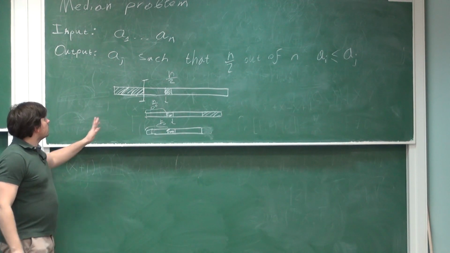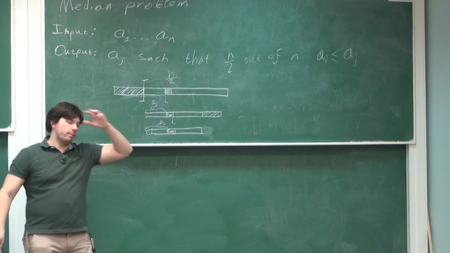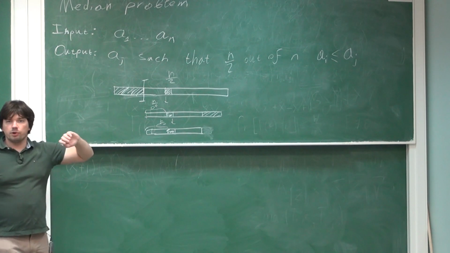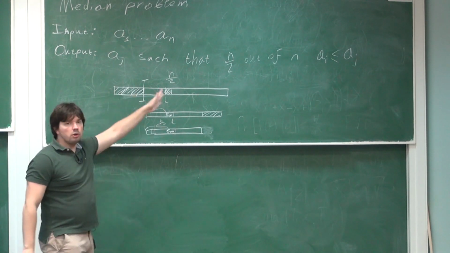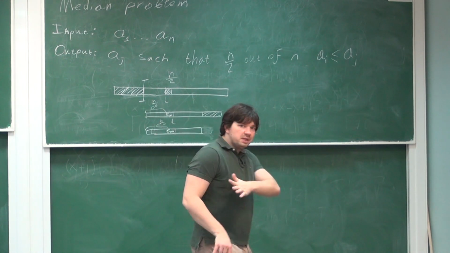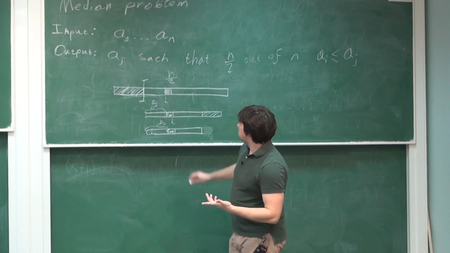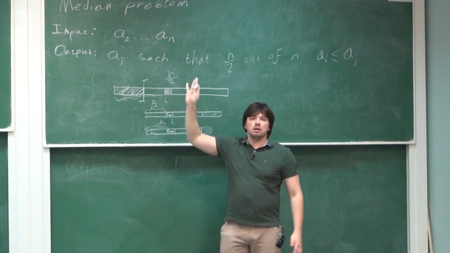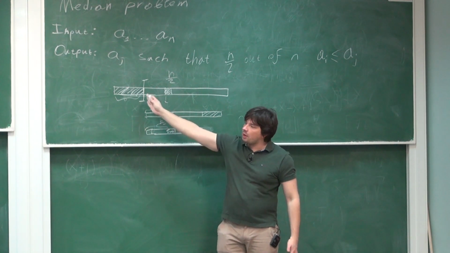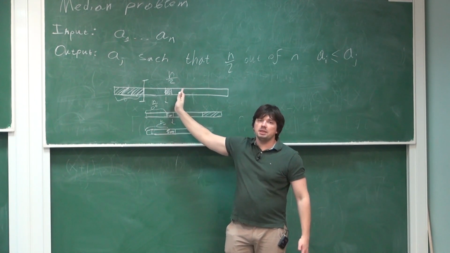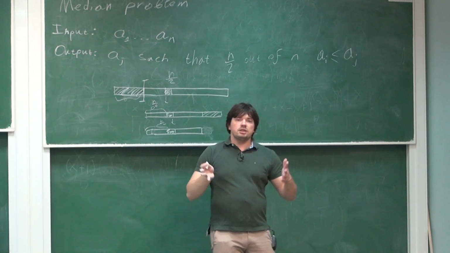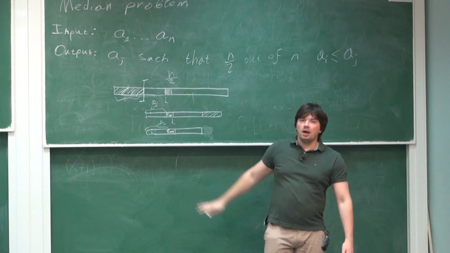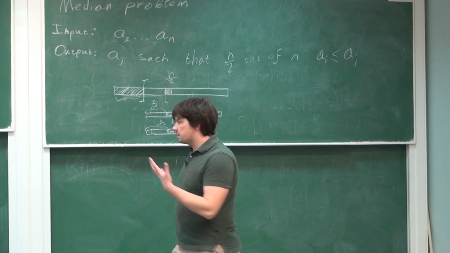Then I can go through my array and find all the numbers that are smaller than that number. If you're smaller than a number that is smaller than the median, then you're also smaller than the median. So I find a bunch of numbers that are smaller than my boundary number, and I can throw them all away and just readjust the position of the median. The question is, how can I get this number?